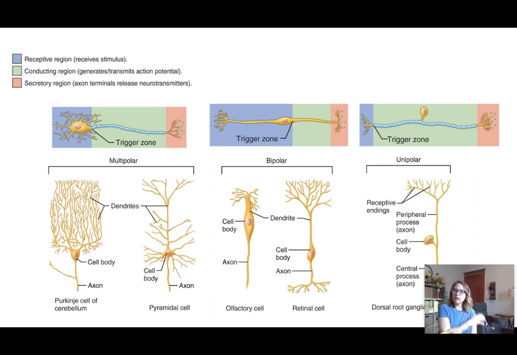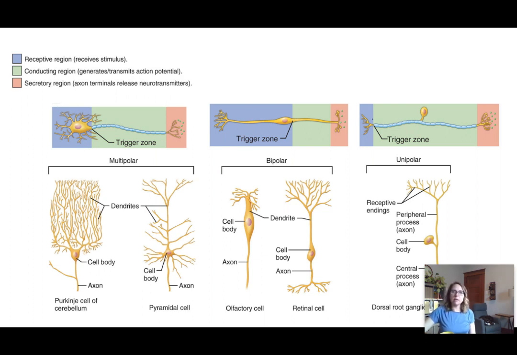As we just labeled the dendrite and the axon region on the other page, why that's important is because this part in blue here is where it's receiving the information. Those arrows I asked you to highlight earlier on the other neuron were all pointing in the same direction. So this is the receptive area, where it receives the stimulus.